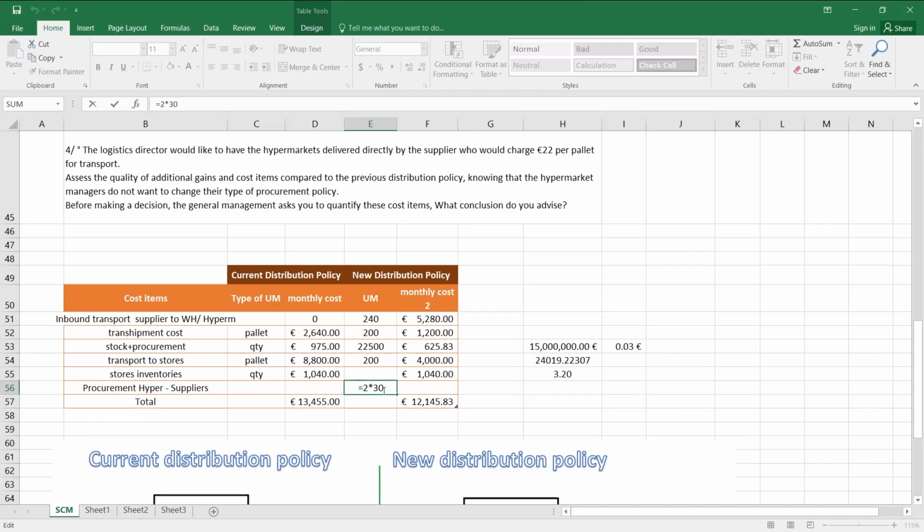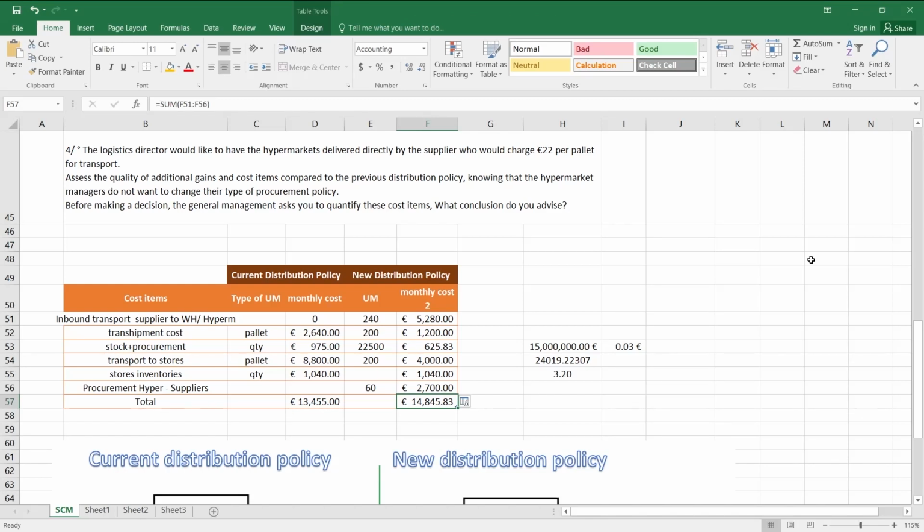So we are going to put 2 times the number of hypermarkets that we have, which is 30, and that will give us 60. So for our calculations, basically we are simply going to put 60 times 45 euros, sorry, and that will give us 2,700 euros, okay, for the procurement.